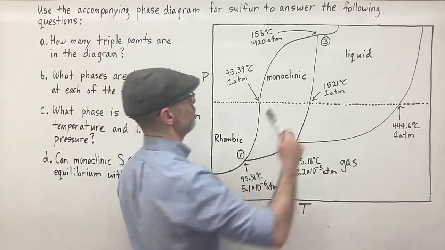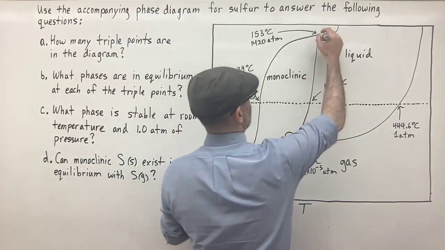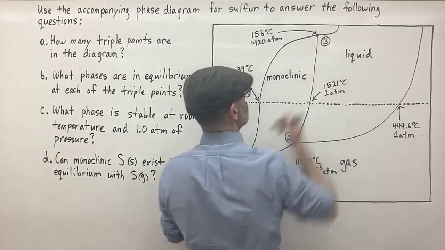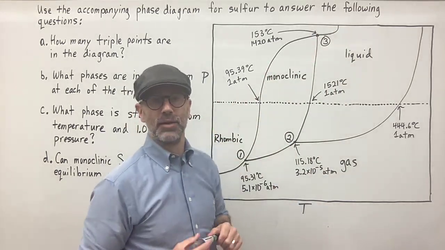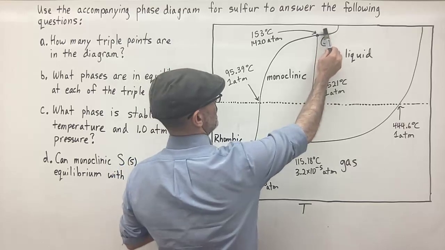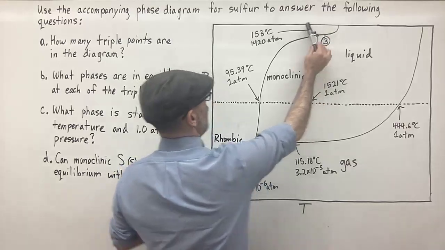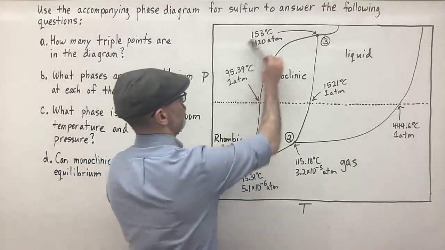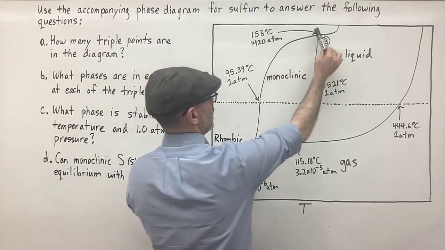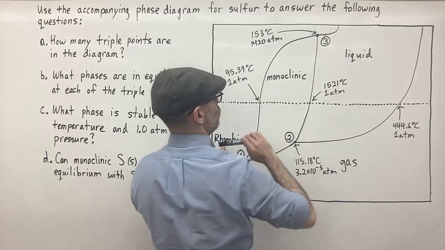And then if I go to triple point number 3, I'm looking at this one right here. And again, I'm looking at all the phases that are in contact with that point. So on this side of the point, I have the rhombic phase, so that's in contact with that point.